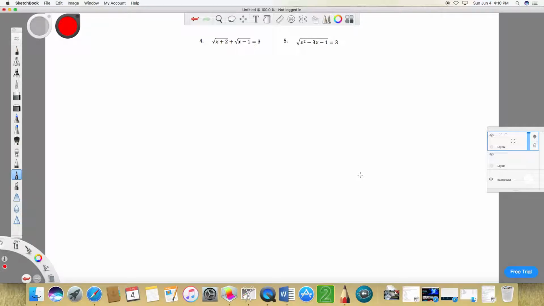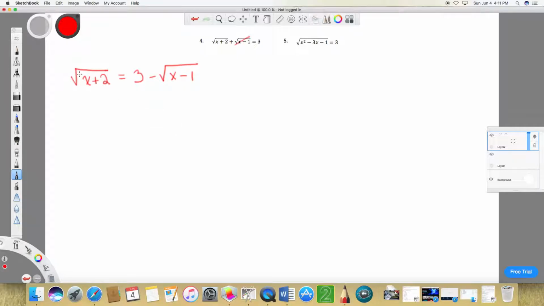So if we take a look at number 4, I'm simply going to subtract the square root of x minus 1 from each side. This first term, I'm going to leave where it is. And over here, if I subtract the square root of x minus 1, this is what I have.